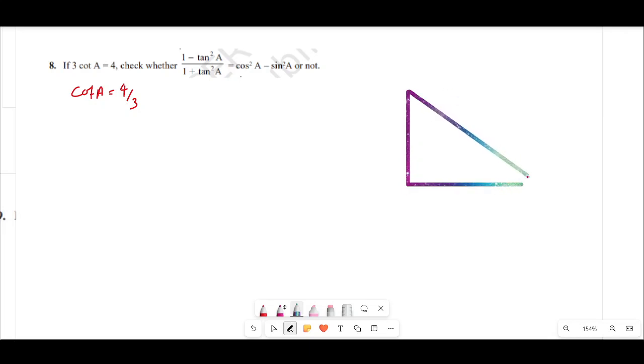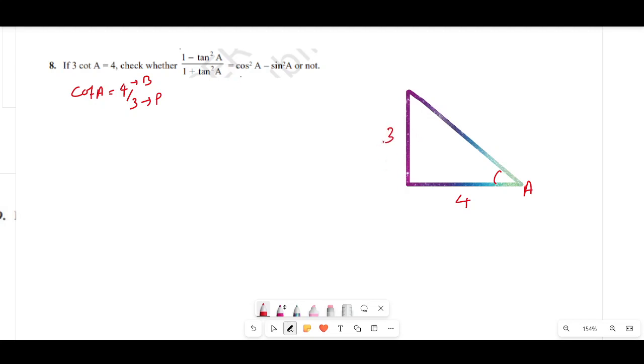This is the triangle. Here we should consider one vertex as A. This is A. Now cot A is 4 by 3, that means this is perpendicular, this is base, and so base is 4 and perpendicular is 3. So if 3 and 4, then it will be 5.